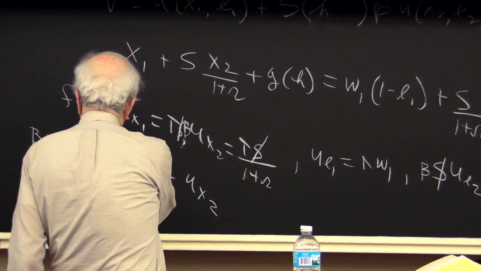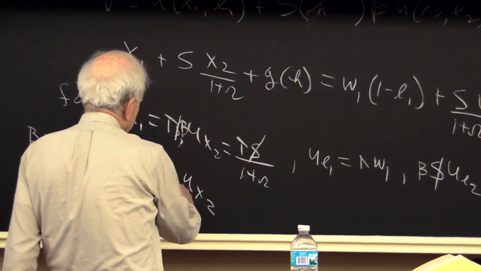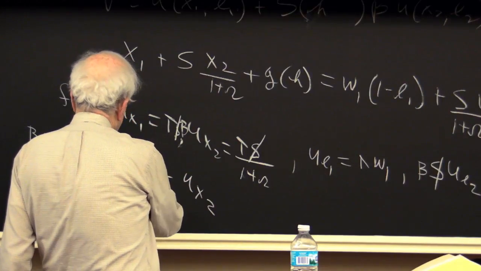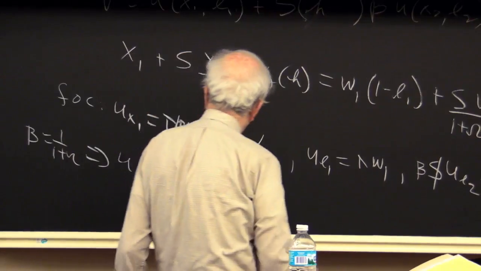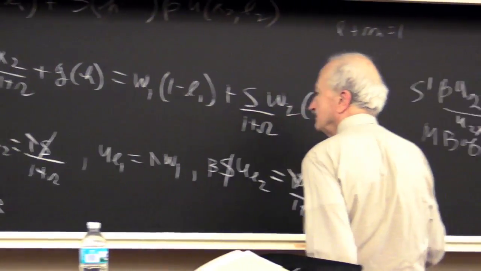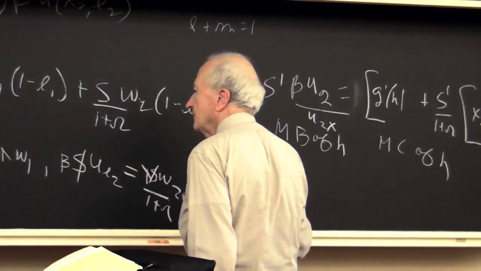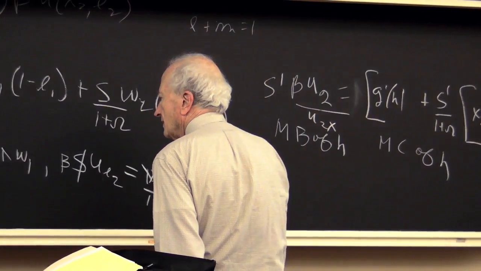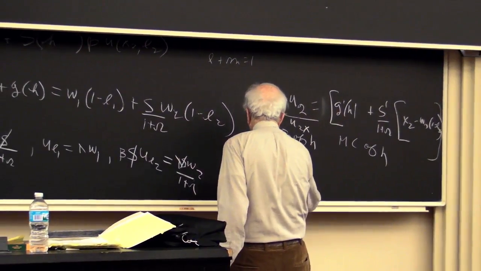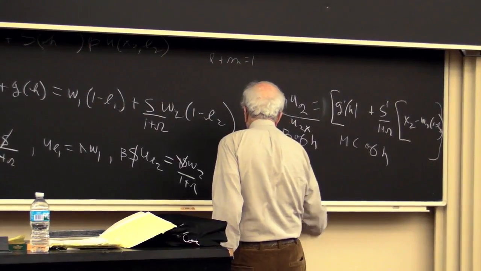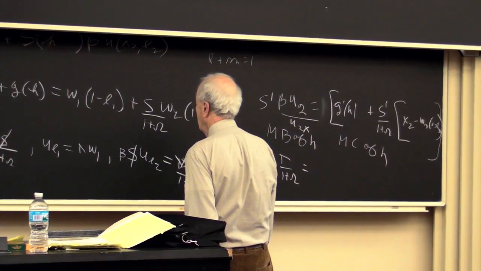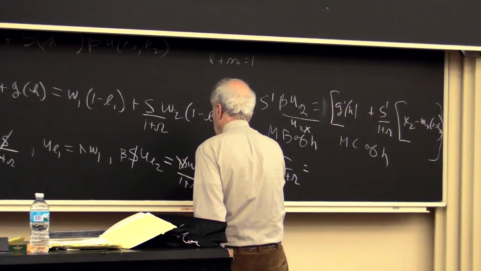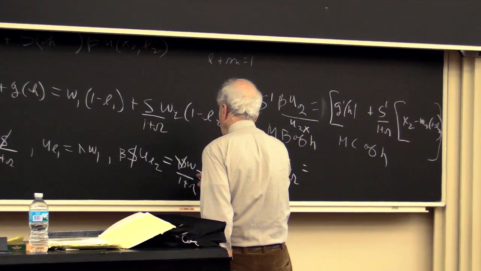If, let's say, it really does depend upon that assumption, but in general if we take this condition, let's say beta U2x is equal to lambda over 1 plus r, right? And then we know from L2 that beta UL2 is equal to lambda over 1 plus r times w, right?